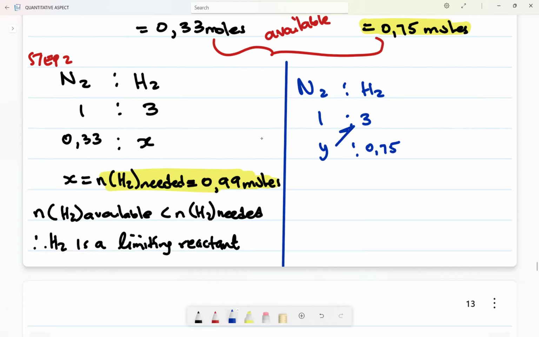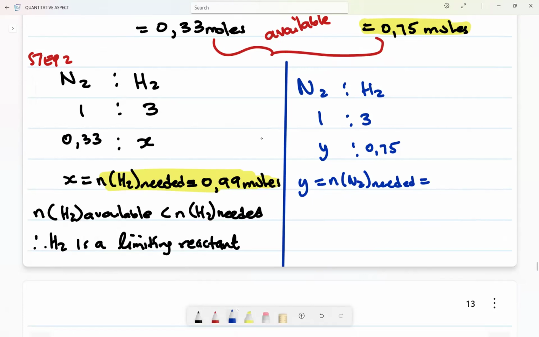So it's going to be this multiplied by that, 3y, equal to this multiplied by that, 0.75. And then when you solve for y, which is equal to the number of moles of N2 that are needed, it is equal to 0.75 divided by 3.